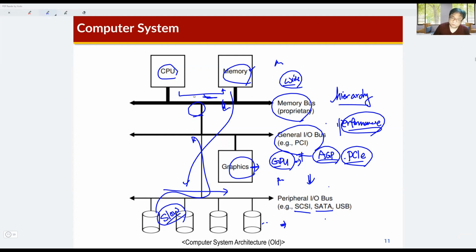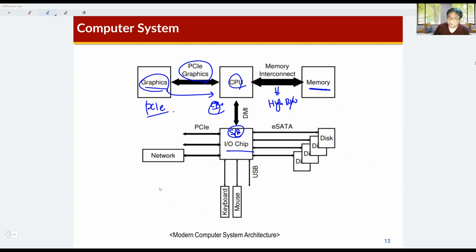In the old architecture, the CPU and memory are connected via the Northbridge chip, and other peripherals are connected via the Southbridge chip. But in the modern architecture, the Northbridge functions are integrated in the CPU chip.